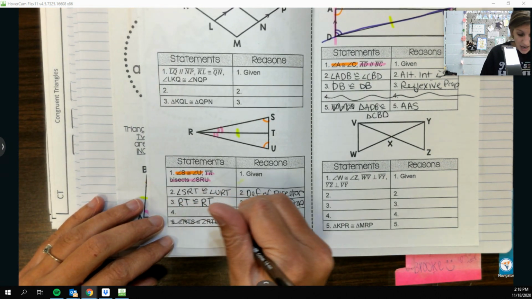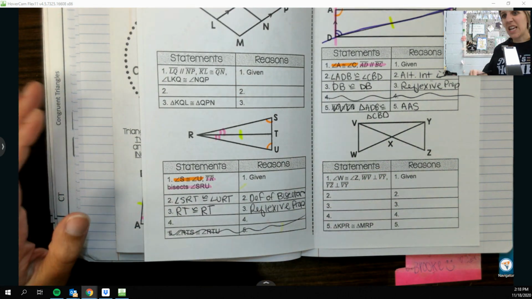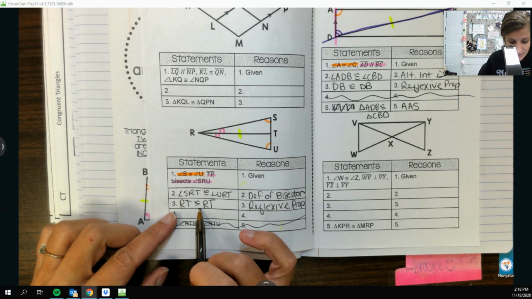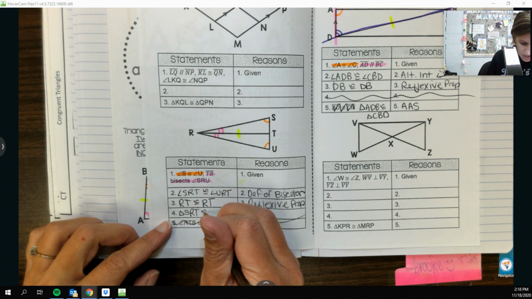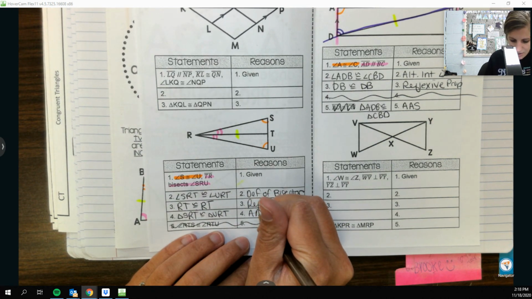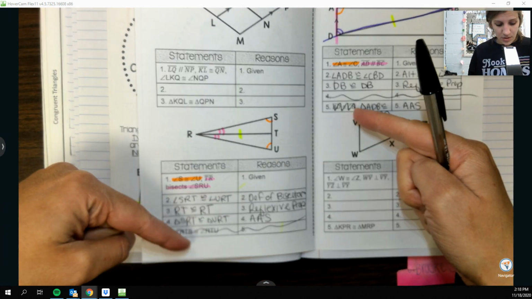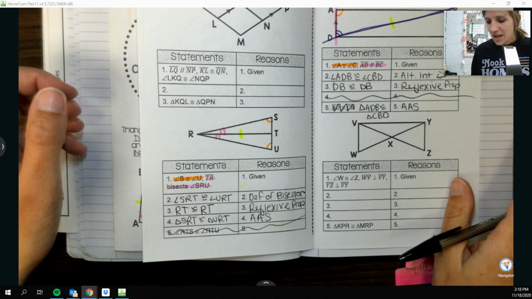I know what I'm doing, but you don't know what that's about yet. It's for later. Don't worry about it. That was the third thing that I needed to say that triangle SRT is congruent to triangle URT by angle, side. Please don't stress about that weirdness right there. I promise you don't need to worry about it yet.